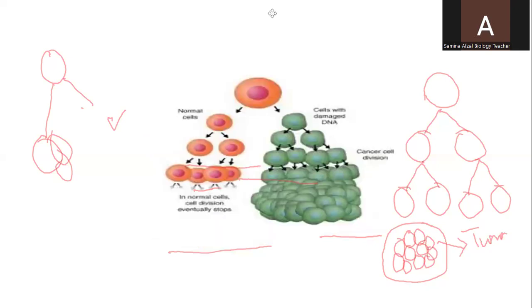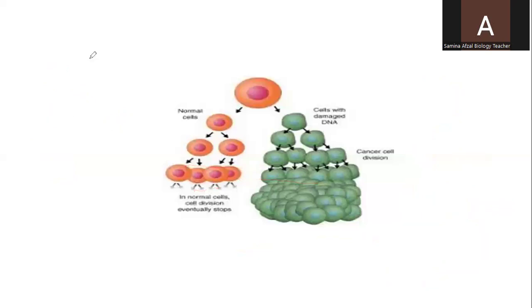In the next slide, I would like to show you the division in the normal cell and in the cell with damaged DNA. A normal parent cell will produce two daughter cells, and the cell division will continue in the normal cells. But in case of abnormal cell division, the cells have damaged DNA. You can see they don't have the proper shape.